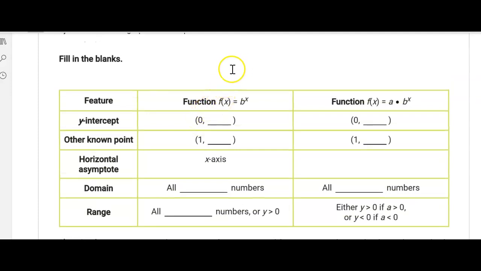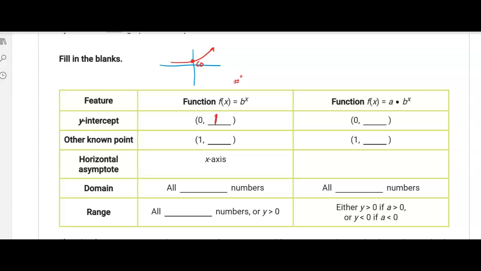So some important things here. Anytime we find the y-intercept of an exponential function, we can always plug the values in. Any graph that crosses the y-axis will always have an x value of 0. So for the y-intercept, if I plug 0 in for x, any number to the 0 power is going to be 1.